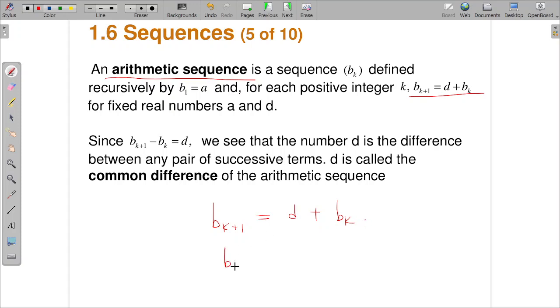We can also write it like this, b of k plus 1 minus b of k equals d. That means the difference between a term and its next term is the difference, and this is what we call the common difference of the arithmetic sequence.